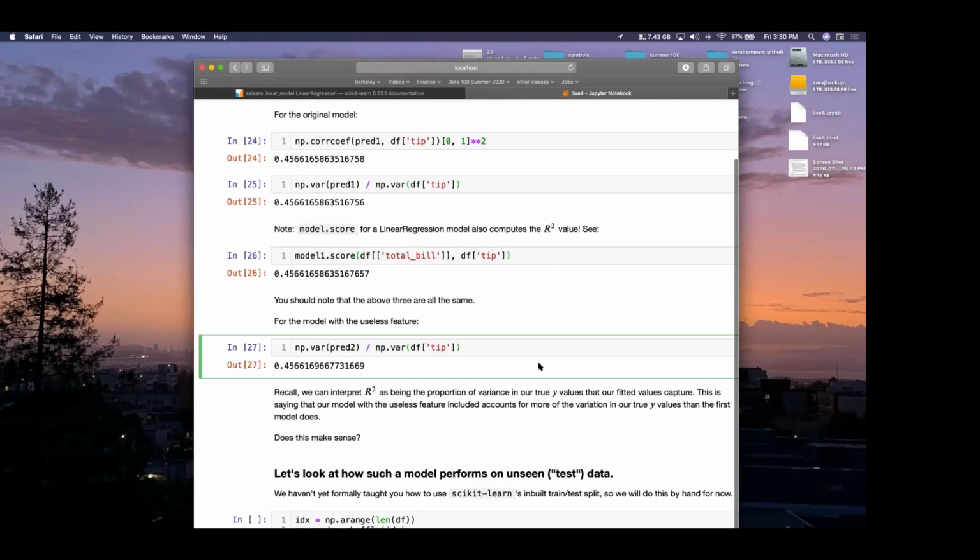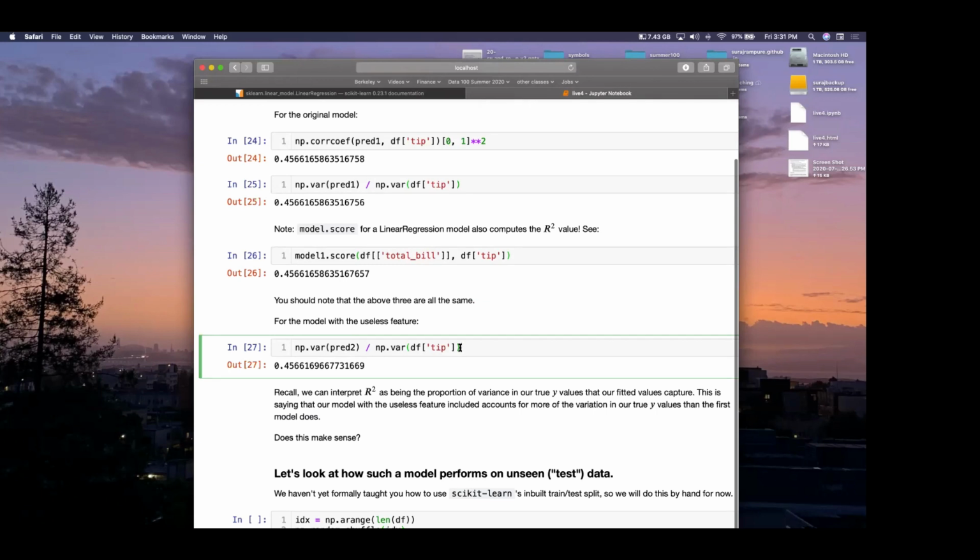And again, fitted values is another term for predicted y's. Is it the case that this new useless feature we added is able to help explain more of the variation in y than total bill was able to do on its own? Probably not, right? We just added a bunch of random numbers essentially.